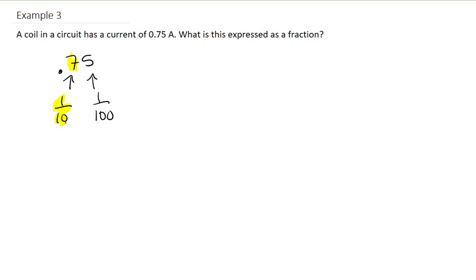So when we do that, 7 times 1/10 is just 7 over 10. Plus, now this 5 times 100ths, so then we get 5 over 100. So we can see that our common denominator for these two will be 100.